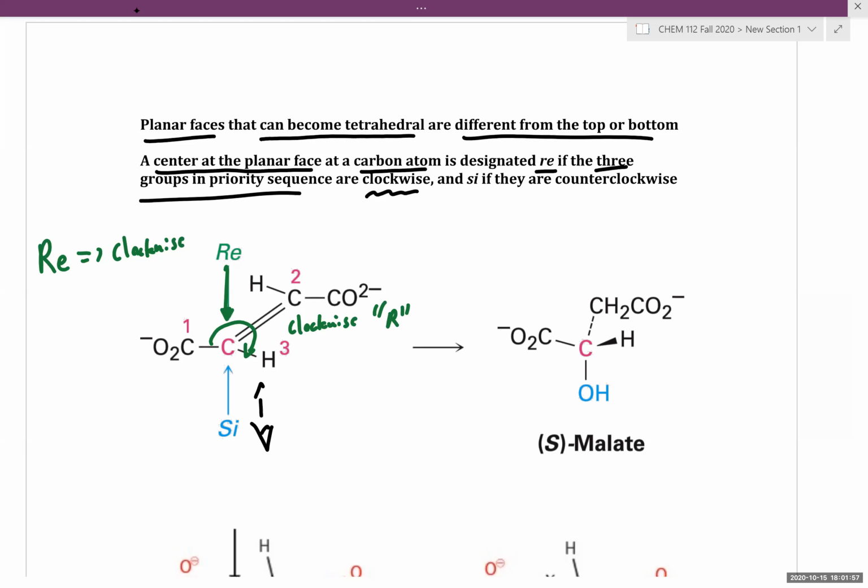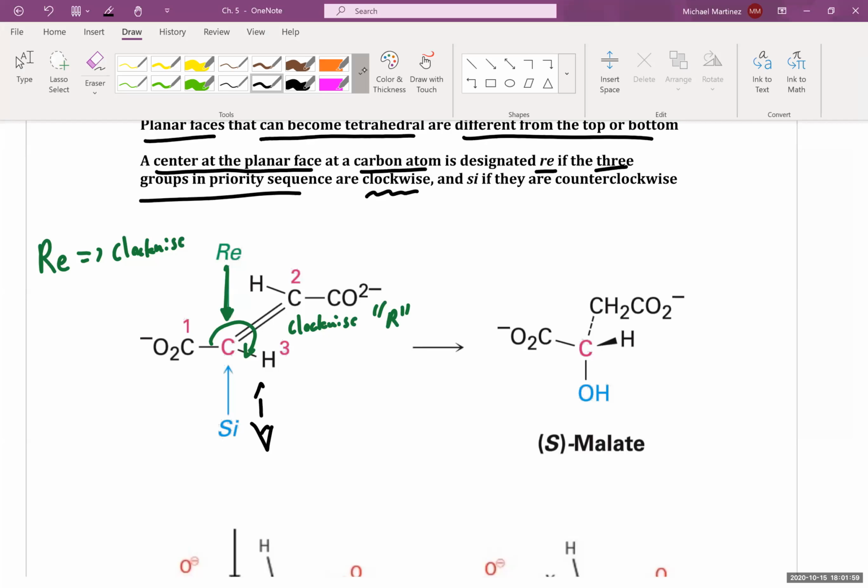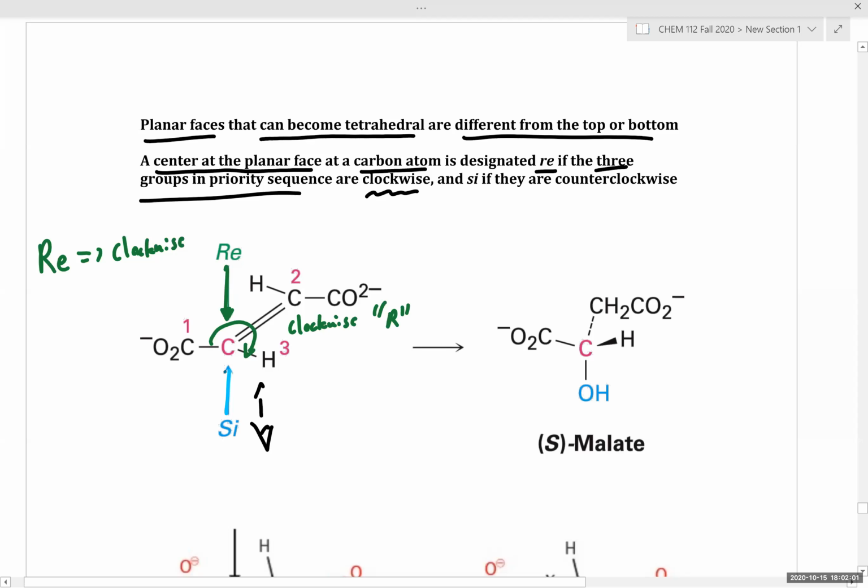The Si designation occurs if when you approach the molecule from that face, your groups are counterclockwise in order of priority. Now, what often trips students up a little bit, what often gives students a little bit of trouble in this example, is that when you approach from the opposite face, you have a different view of your molecule.